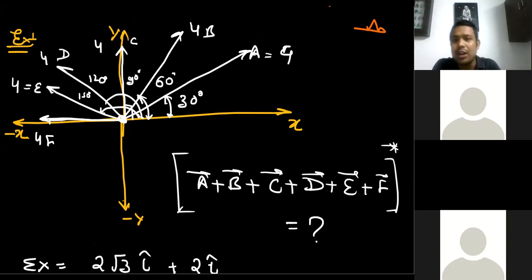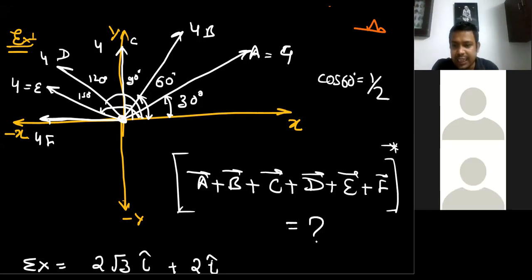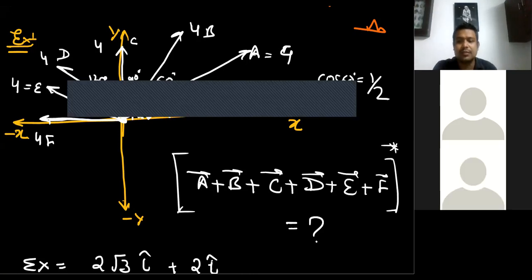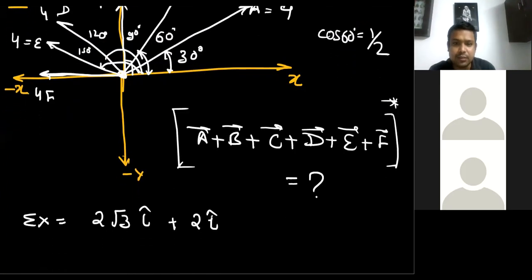So it is 4 cos 60, and the value of cos 60 is half, 1 by 2. So 4 into 1 by 2 is 2, right? Is it clear? Yes, sir. Okay. So it will be 2 i cap.